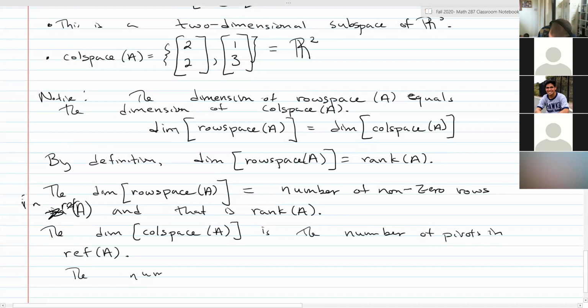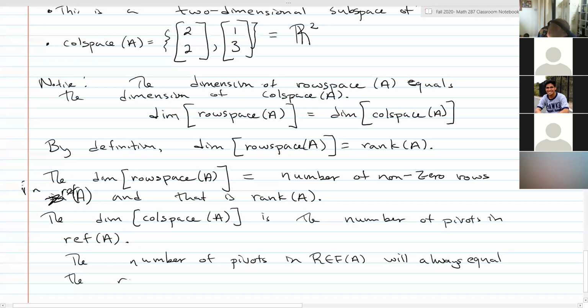Well, the number of pivots in REF A will always equal the rank of A. Think about that. If we don't have a pivot inside of that row, the row's got to be a 0 row. So the number of pivots is going to equal the rank of A, okay?